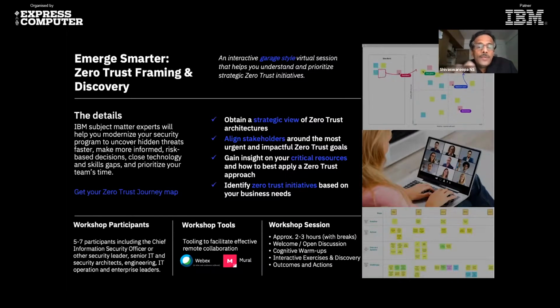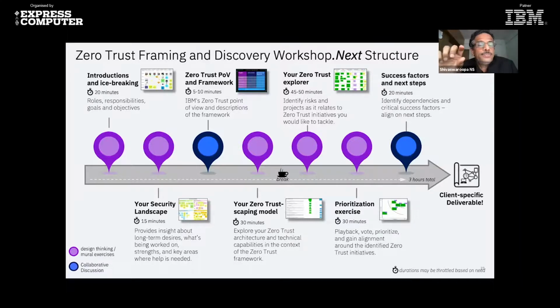What we do in this is, so this gives a very detailed breakdown of how we execute this and what we do. The initial 20 minutes would be focused on understanding the different team members, their roles and responsibilities, and how they view zero trust, right? And what they are looking at zero trust to deliver for each of them. So in simple terms, we understand the persona behind each of the roles that exist. Then we will understand the security landscape that exists today.